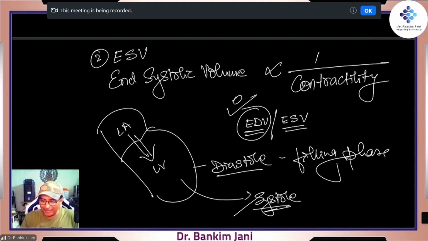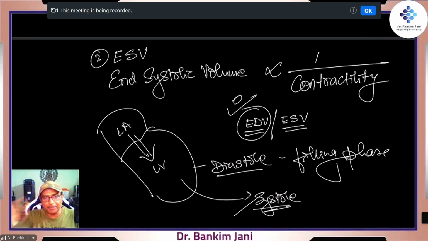So my question was, which one would be bigger? When you have saved, the wallet would be full, or when you have spent everything, would the wallet be full? And everyone very rightly said that when you are saving, at the end of the diastole, the heart is full, so obviously the volume would be higher.